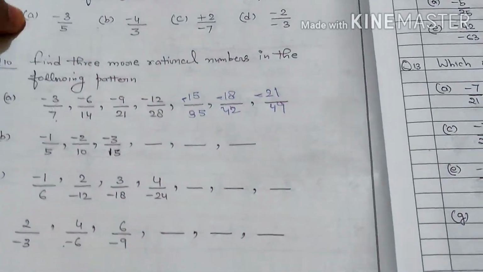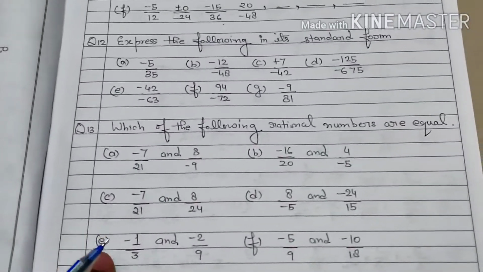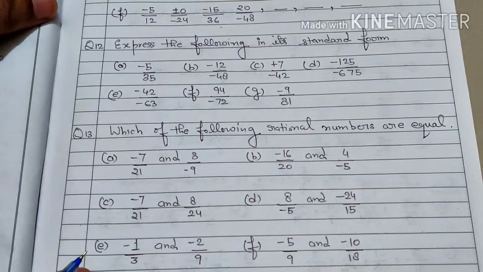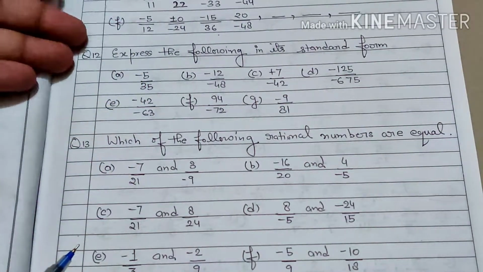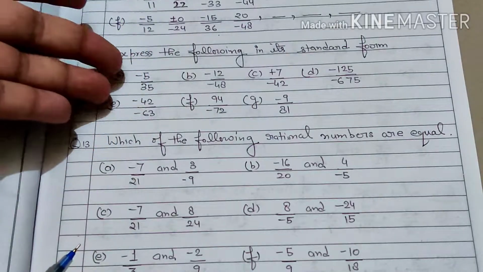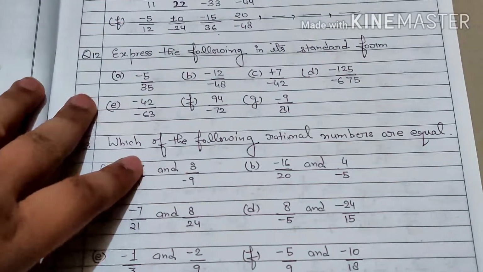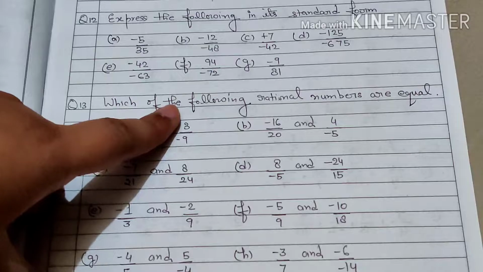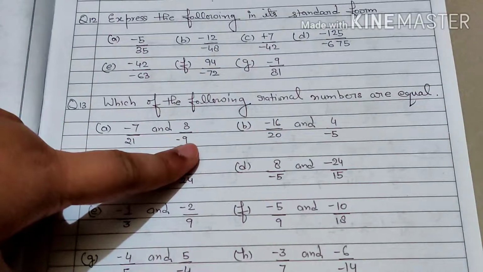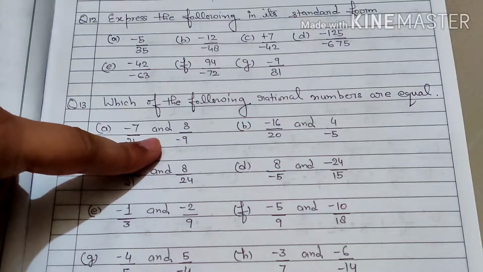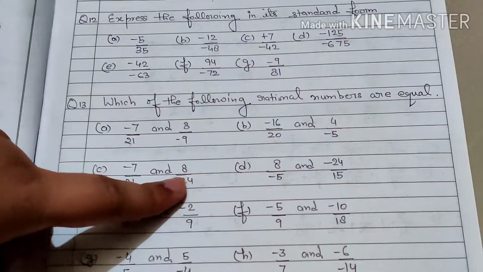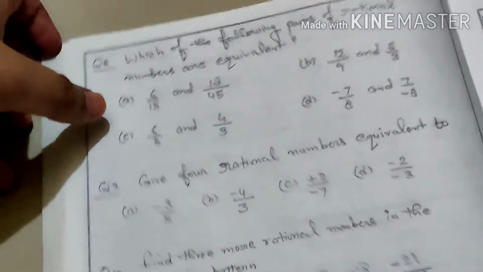Okay, simple. Now next is express the following in standard form. So again an easy question, we have to find the standard form of this. Very easy. Now in this we have to compare the rational numbers: which is greater than, which is equal, and which is less than. Same question as before.